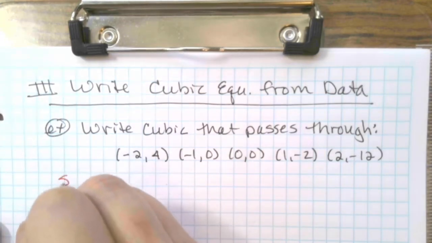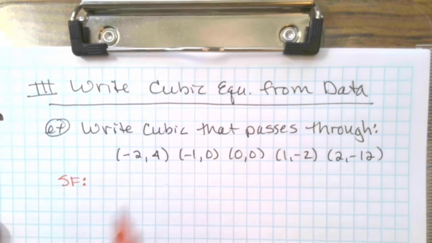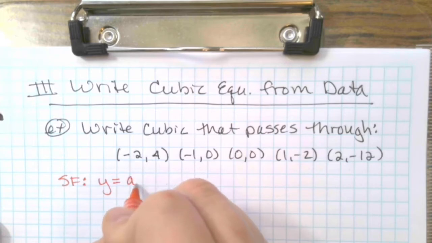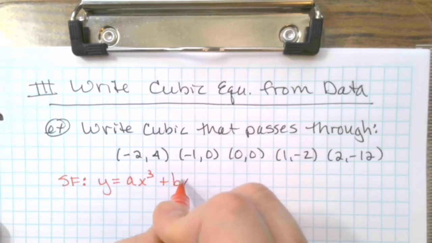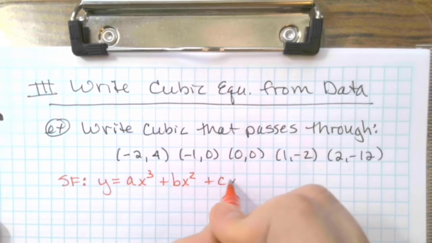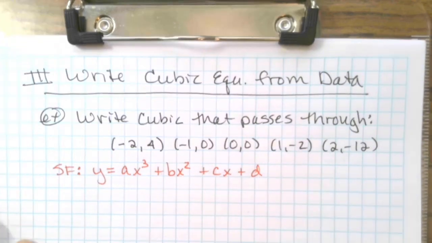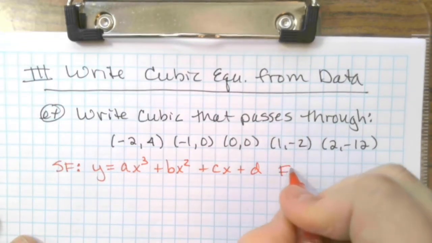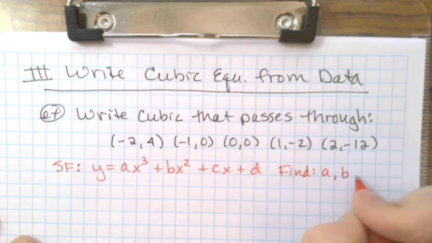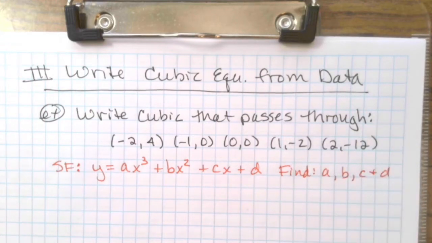Okay, so standard form of a cubic is something like this. y equals ax cubed plus bx squared plus cx plus d. And in order to get the cubic, you need to find a, b, c, and d and get them into the equation.